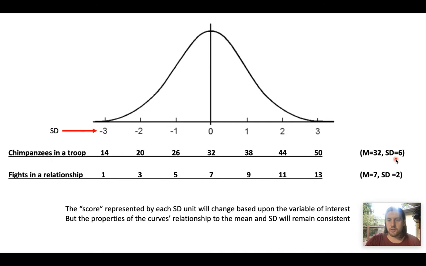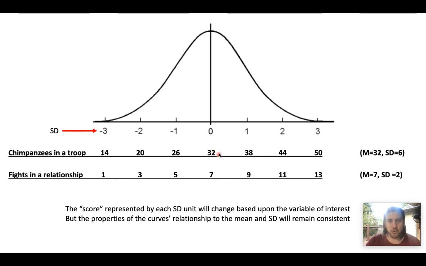6 chimpanzees is the standard deviation. So we would then add 6 each time to investigate the extremity of chimpanzee troops on the positive side, and then subtract 6 each time for our 3 standard deviations below the mean, such that now I can say that a chimpanzee troop that only has 14 individuals is a very small troop, and a chimpanzee troop that has 50 individuals is a very large group.